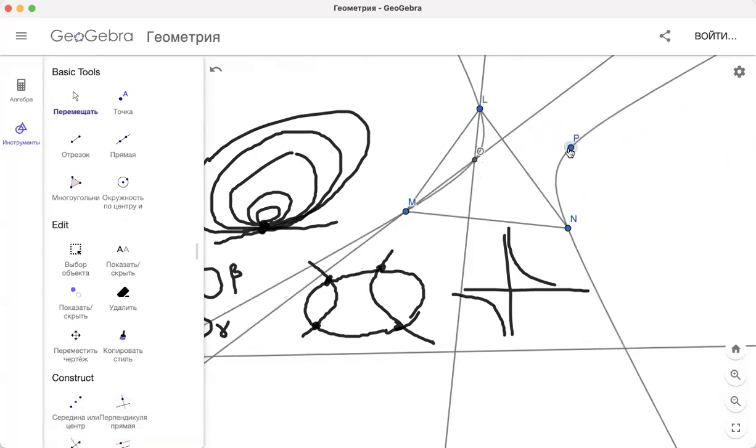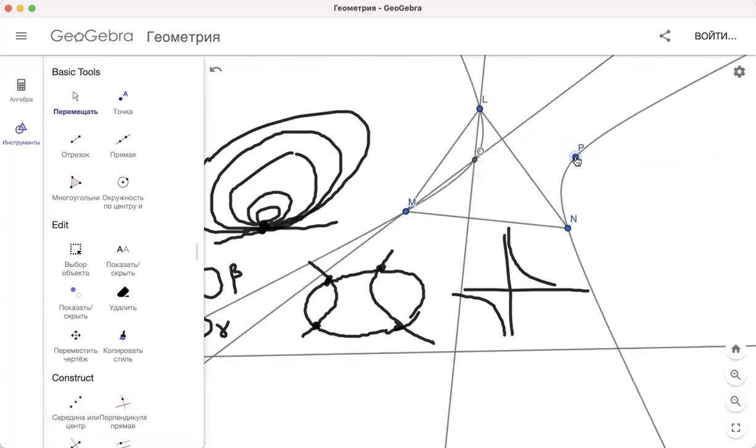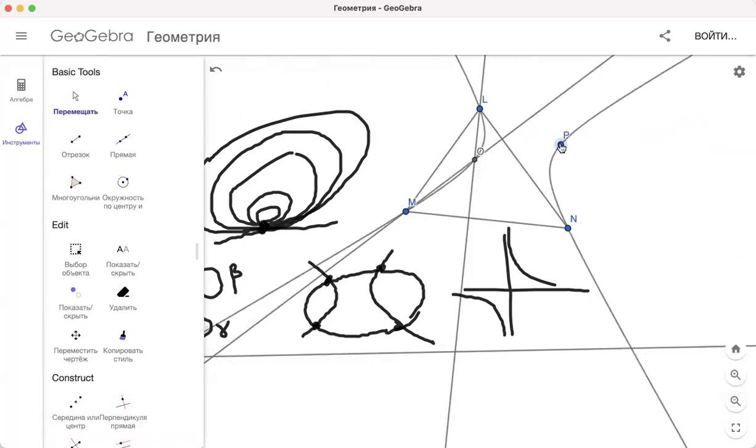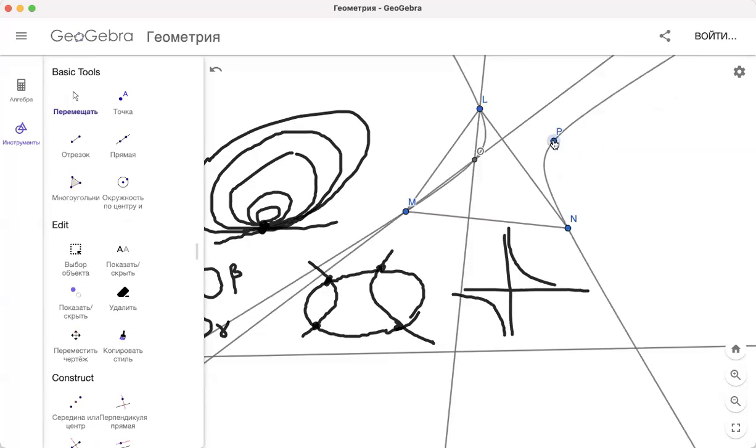Okay. So this example is known, and let me make a remark. You can take 3 arbitrary points.